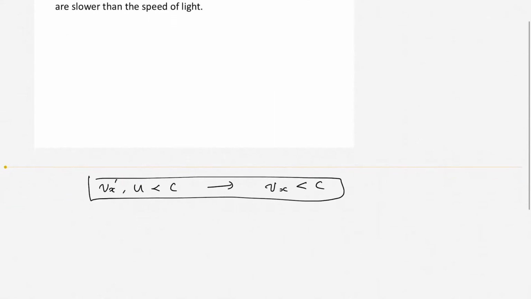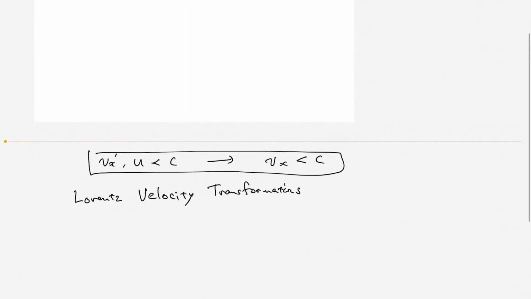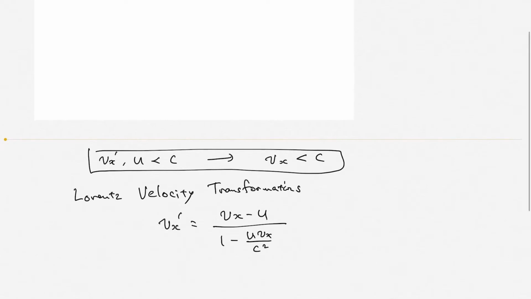Then we can use the Lorentz velocity transformations. The velocity transformation is expressed as v sub x prime equals v sub x minus u over 1 minus u v sub x over c squared.